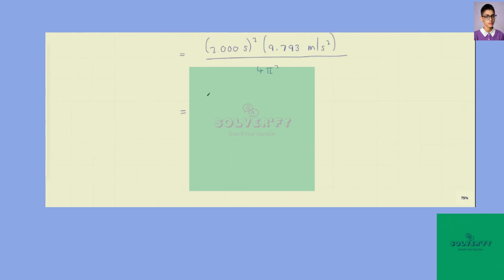And this gives us the length that the pendulum will need to be as 0.992238 meters, or keeping our 4 significant figures, it's 0.9922 meters.